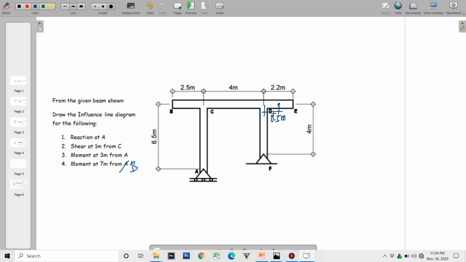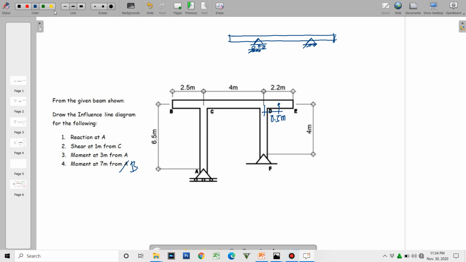Okay, so if you're going to treat this as a beam, of course we treat this as a beam. Say we have an overhang here, and say this is a roller support, and a pin connection here.